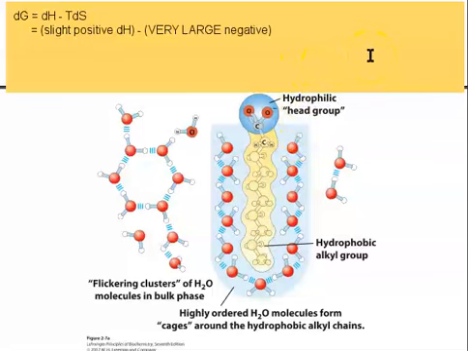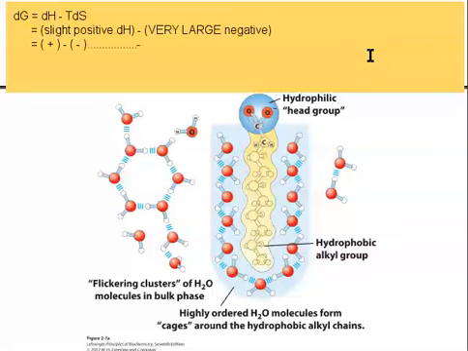So what do we have up here in our equation? Then we have a slight positive delta H. So we have a positive value here minus a really big negative value here. And if you remember from just math, right?